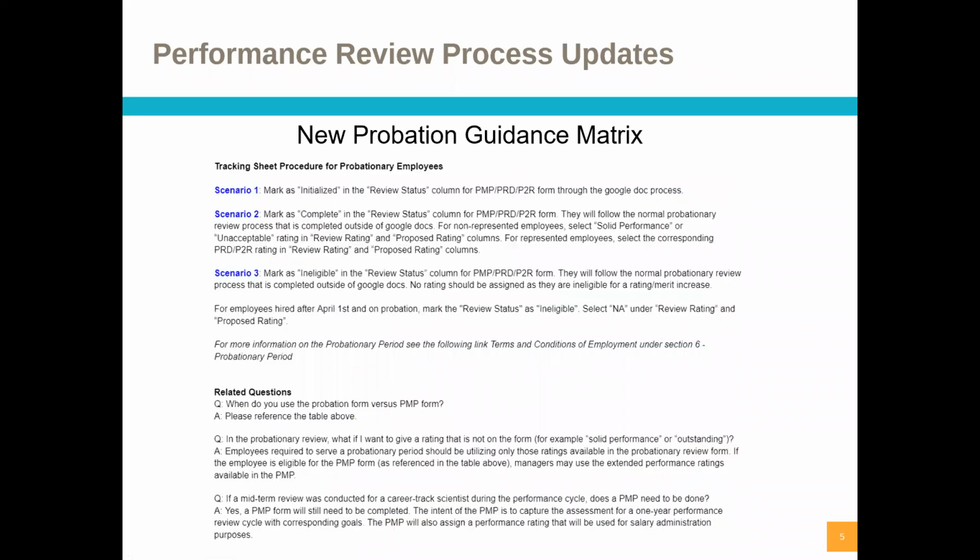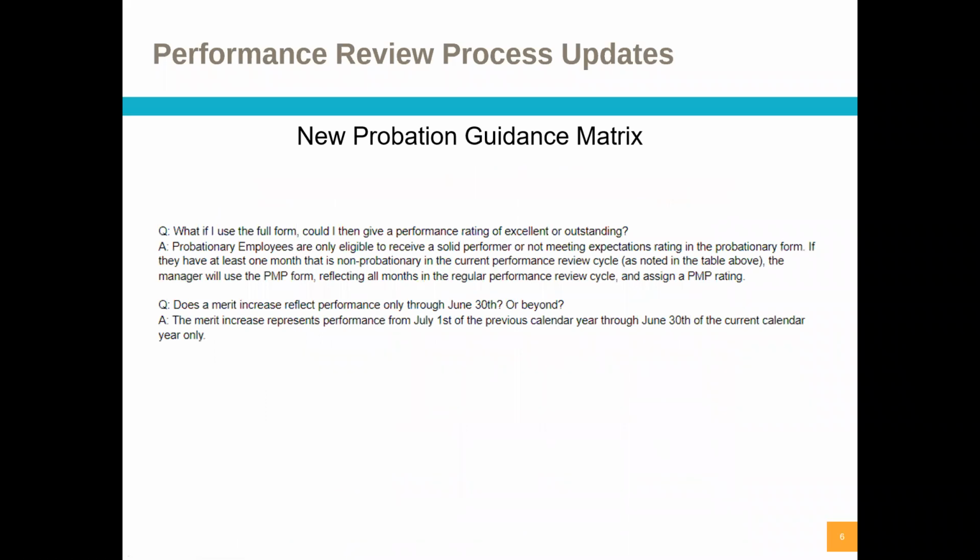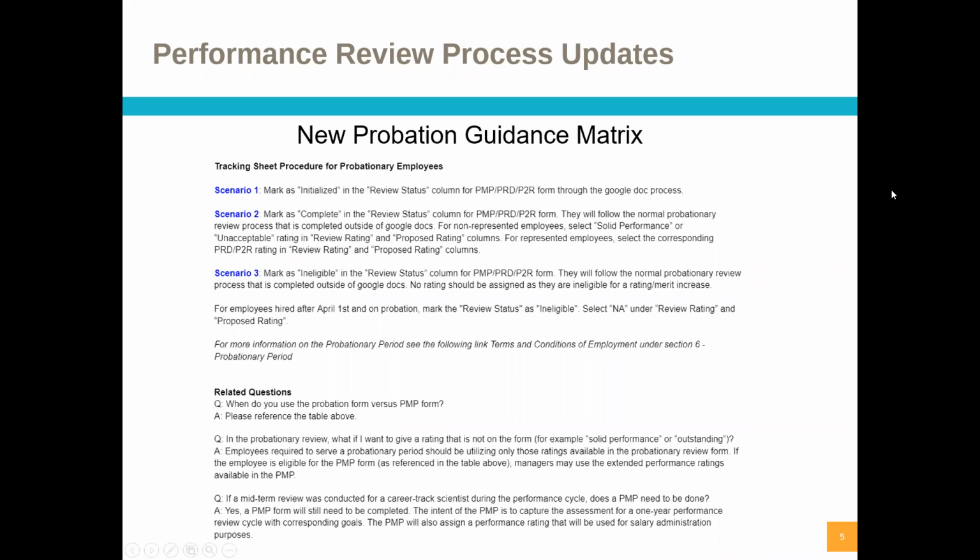Thank you, Lauren. Pat, this is Latanja. I do have a clarification. I just want to make sure that I have this right. You mentioned, or I think in the slide before, if they are going to receive a probationary review, we're going to mark them ineligible, right?